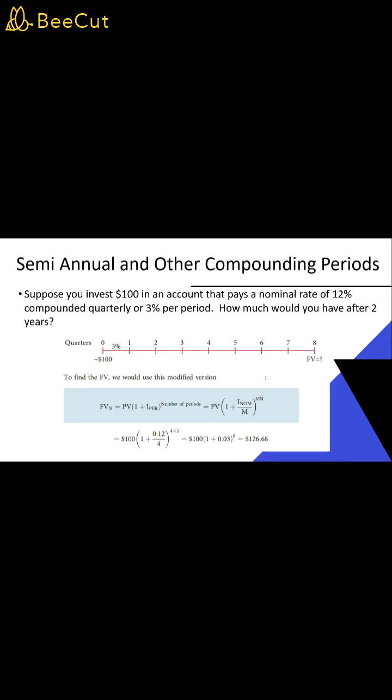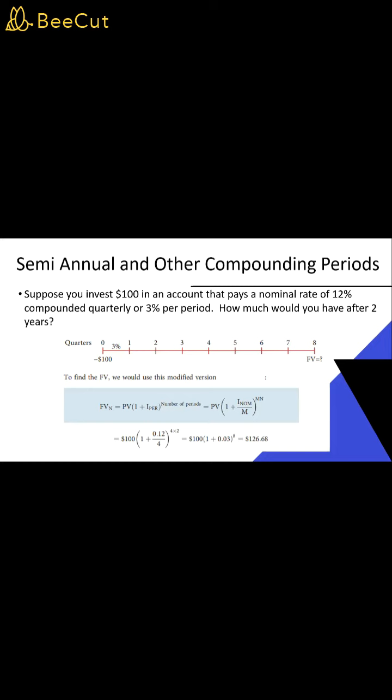So that's why if you have to make a timeline, M is going to be 8, because you are going to have 4 quarters in a year multiplied by 2 years. That means there are going to be 8 periods in which the compounding is going to be happening. And here on the timeline, you can see that at time 0, there's an investment being made into an account of 100. So that's why it's minus 100.